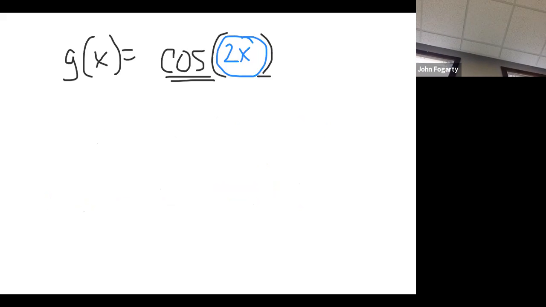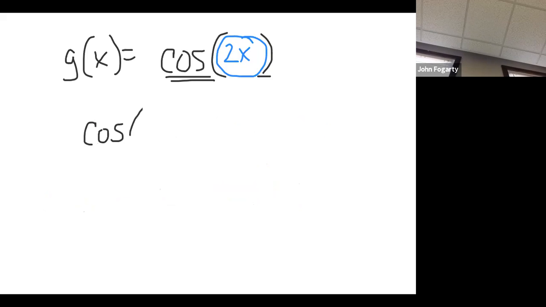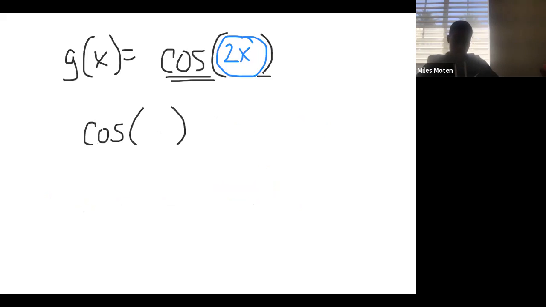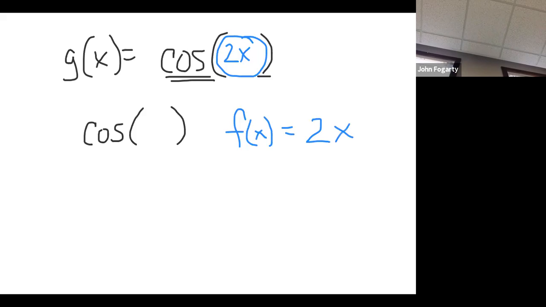Here are my two functions: the cosine of something other than just x, and then 2 times x instead of just x. Well, that's not what I got. What I got is f of x equals 2x. g of x equals cosine of x, but that's not what I got. What I got is two things going on, right?